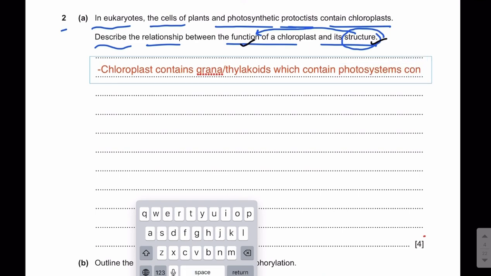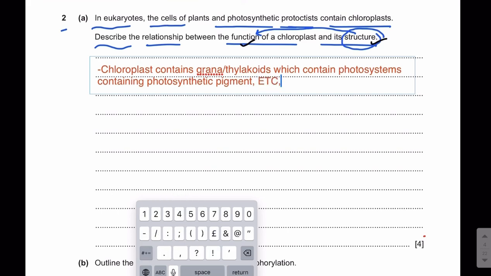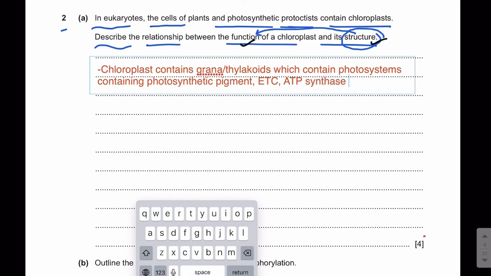containing photosynthetic pigments, right? And grana also contains what? Grana and thylakoid also contain electron transport chain, ATP synthase, right? So these all are used in light dependent stage, right?